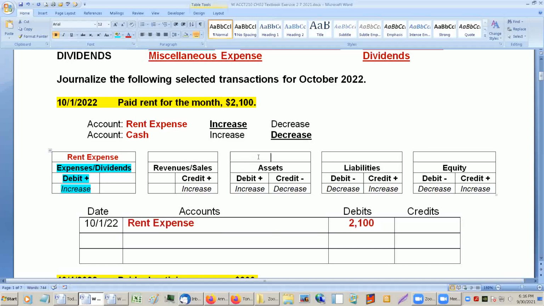Okay, so I'll go ahead and do the cash though. Cash. It's decreasing, so we'll decrease with a credit.